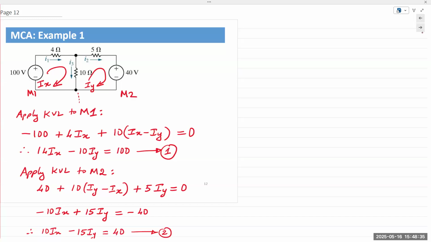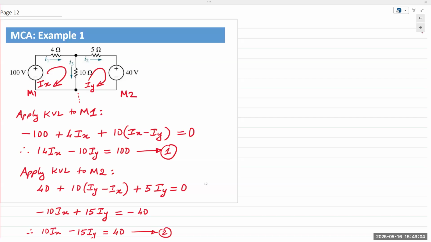Now, if the I3 direction was not given to us, then we would simply take the larger of the mesh currents and subtract from it, and the larger mesh current would be the direction of the actual branch current. But the direction of I3 is given to us. So we have to assume that the mesh current flowing in that direction is the larger one and calculate based on that.